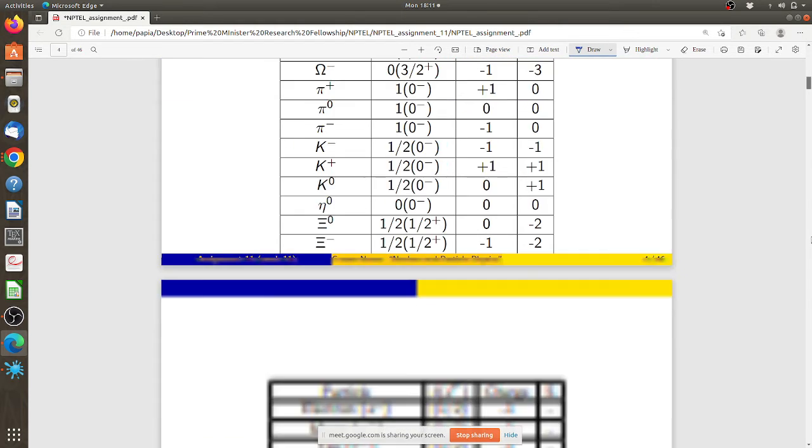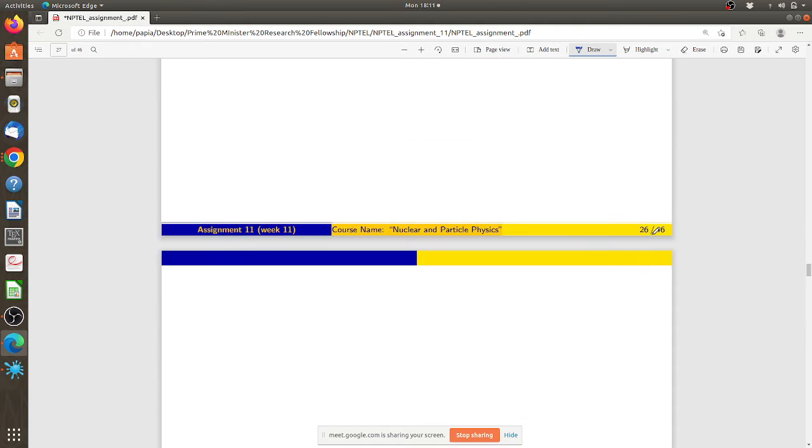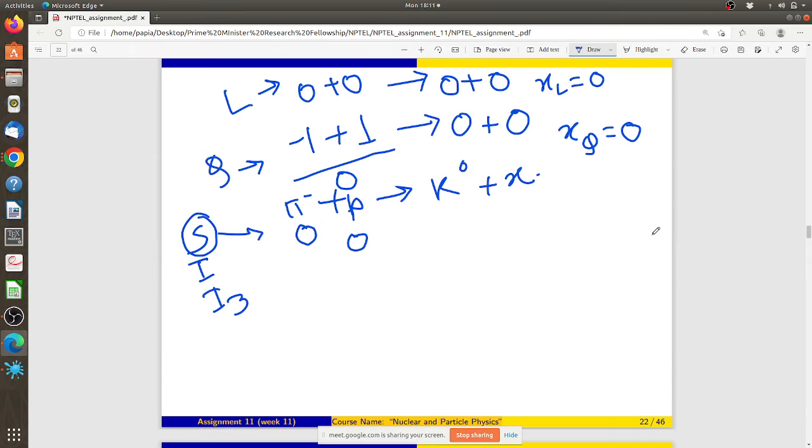So obviously on the left hand side S is 0, so that means to have the right hand side also 0, S will be minus 1 for X. So we can conclude here that S of X will be minus 1.